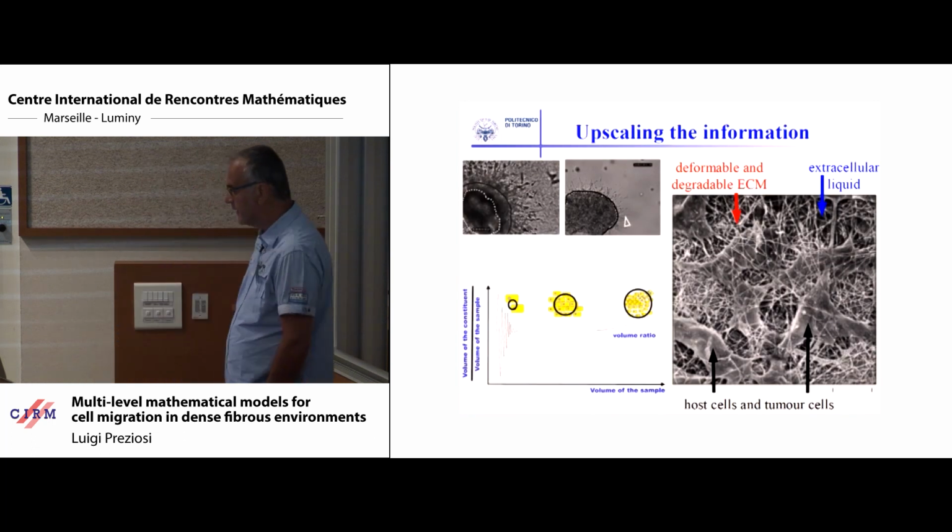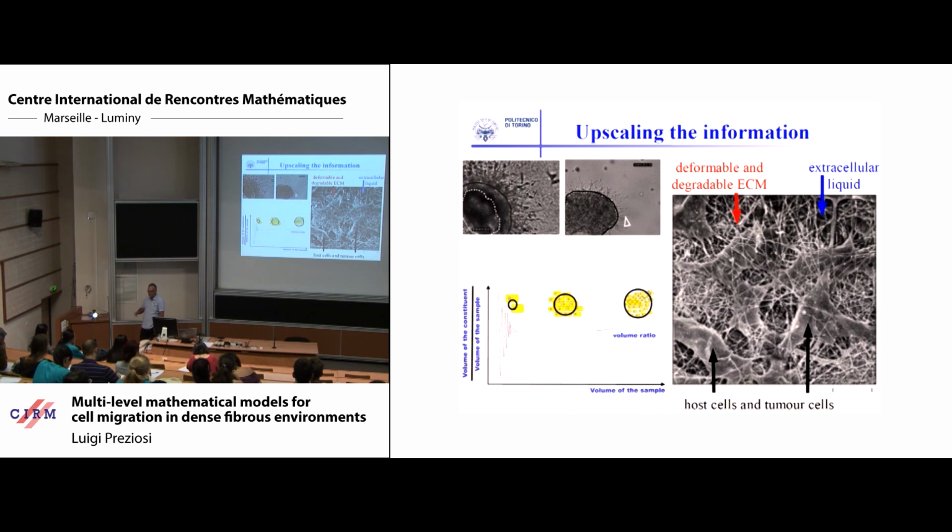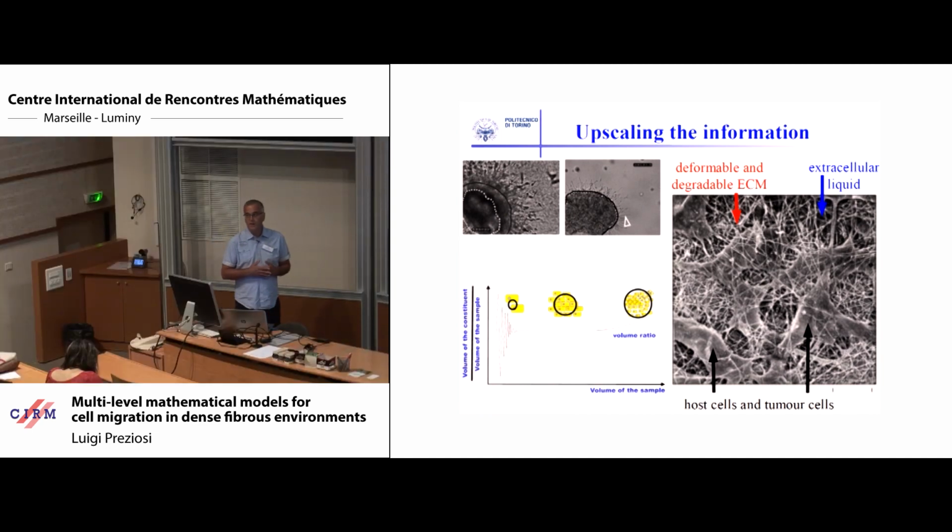Well, and then the last step that I slightly covered and I'm going to repeat today is that at some point we want to use this information in a macroscopic framework, in the sense that we want to model ensembles of cells, multi-cell spheroids with billions of cells. And so it's not, of course, convenient to use an individual based model, but one needs to use some continuous models, some PDE models.